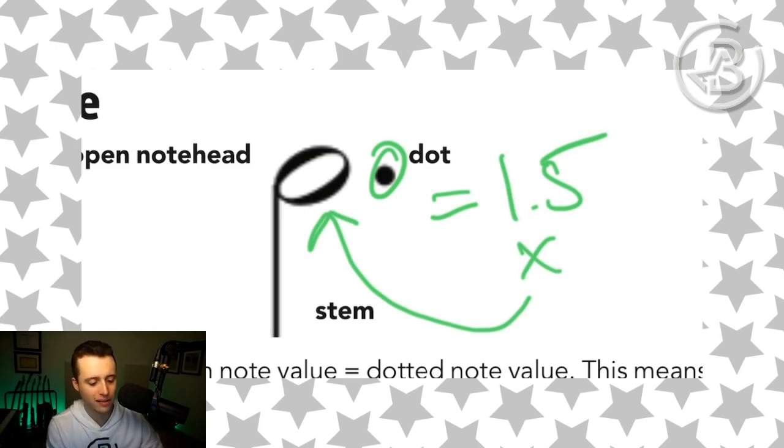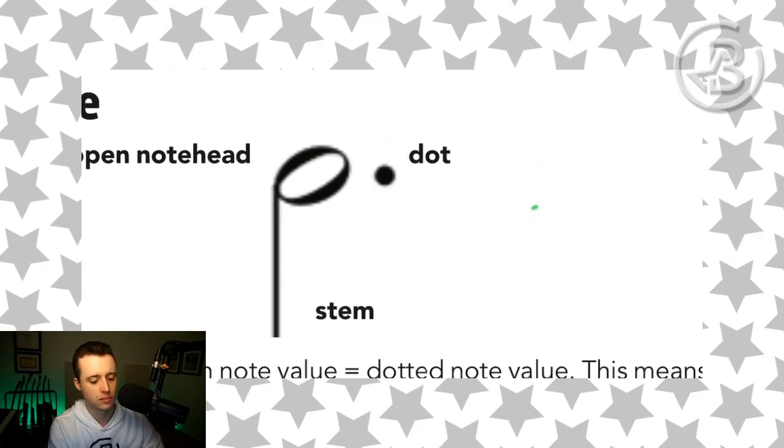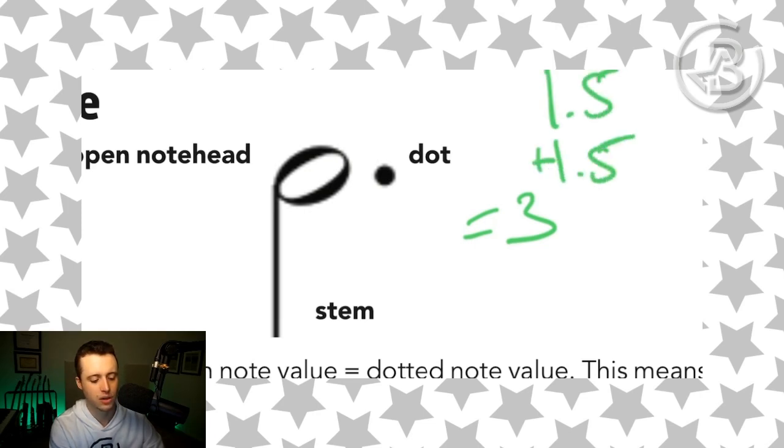So we have a half note, which is worth how many beats? 2. Another way of thinking about it is 1.5 times 2 equals 3. Another way of thinking about that is 1.5 plus 1.5, which equals 3.